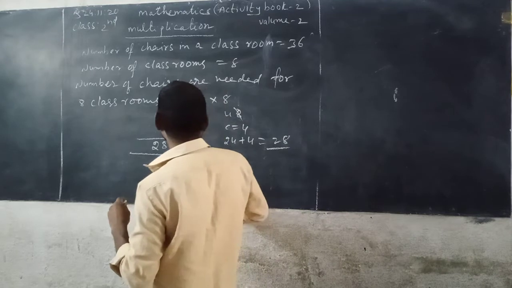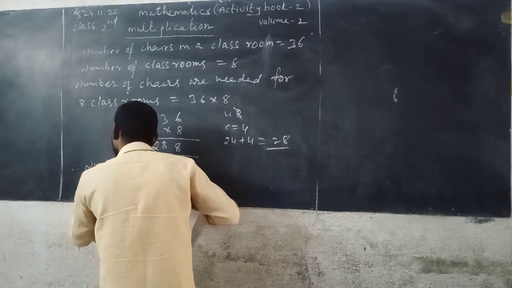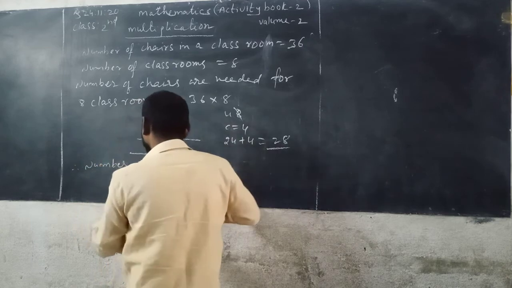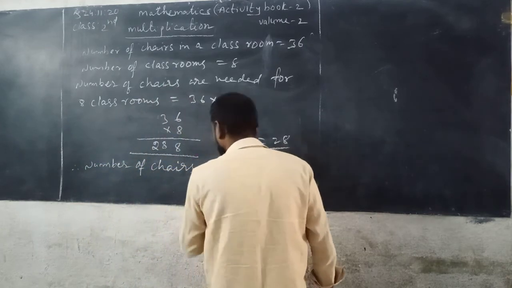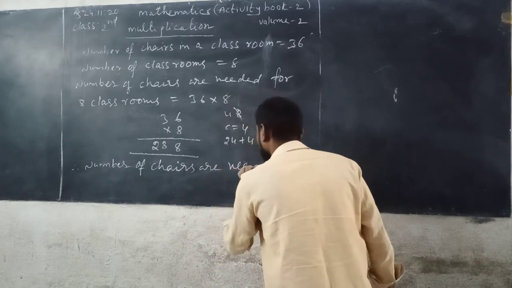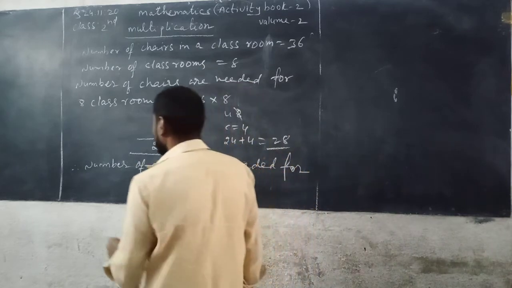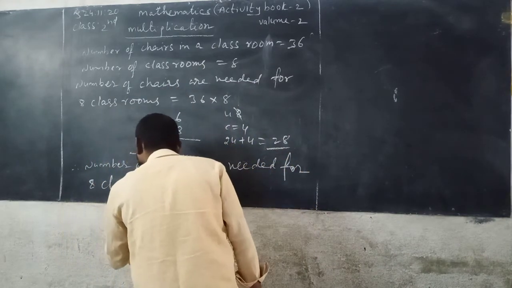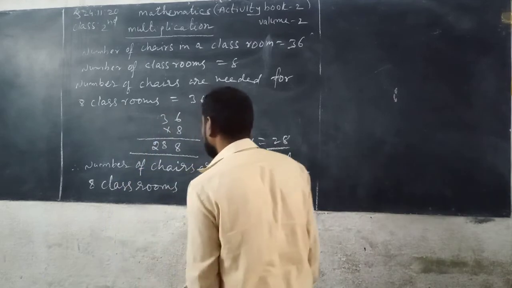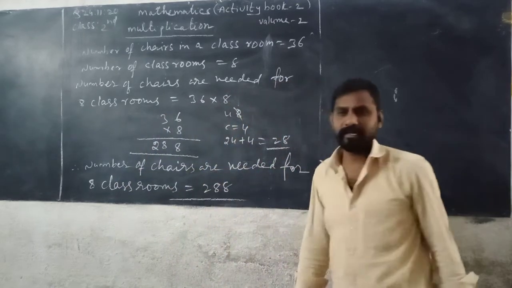Number of chairs needed. Therefore, for 8 classrooms, 288.